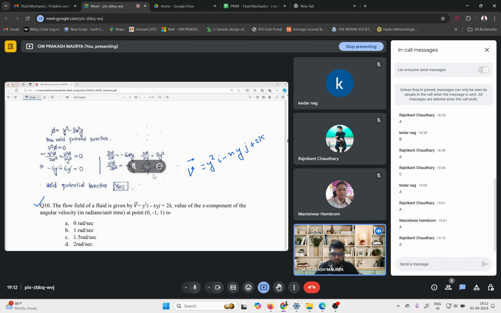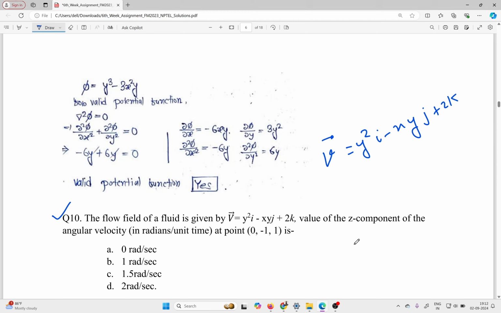Okay, let me show you. Vorticity, if I represent it with omega, will have the angular velocity in the x direction, in the y direction, and in the z direction.